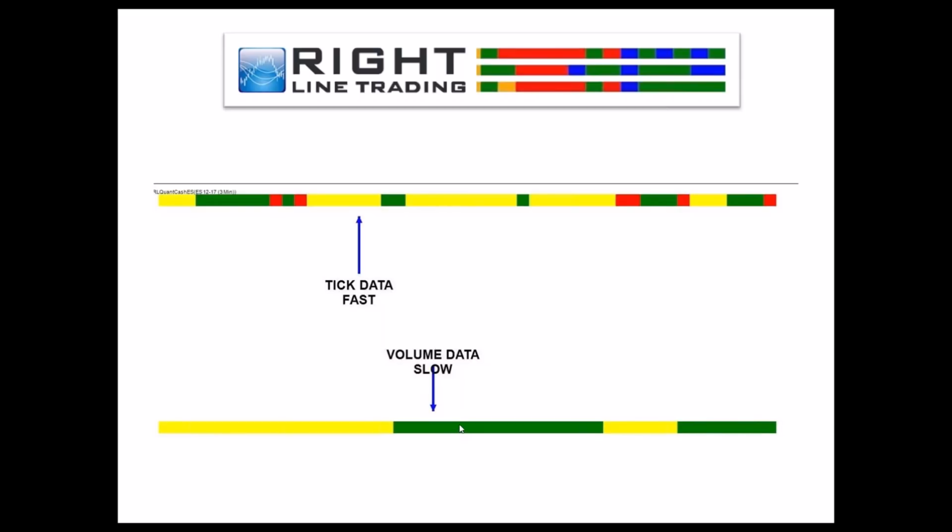Volume is here. The ratio of up volume to down volume is here. Now the tick data for some reason comes in faster. The volume data comes in slower. And all of the data breaks down into these market internals, exactly what's going on in the cash markets while you're trading the futures markets.